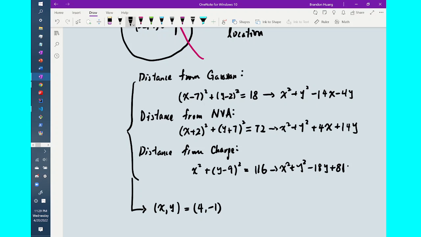And last, adding some kind of constant is equal to our current distance. In this case, I'll have 4 + 49, which is 53, is equal to 72. And here I'll also have 53, and then this is equal to 18.